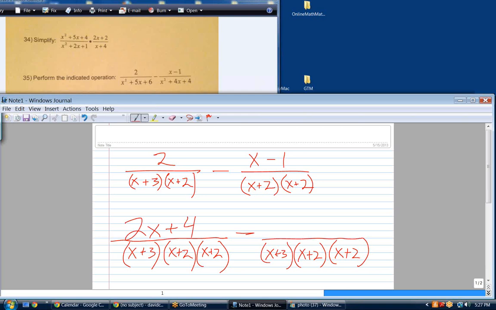How about over on the right? x squared minus... What do we have to do to this fraction in order to get this denominator?